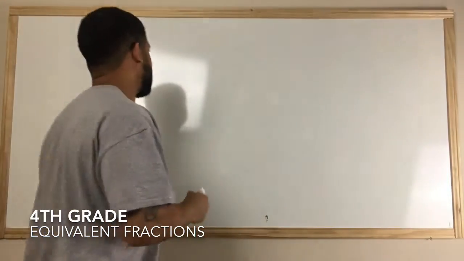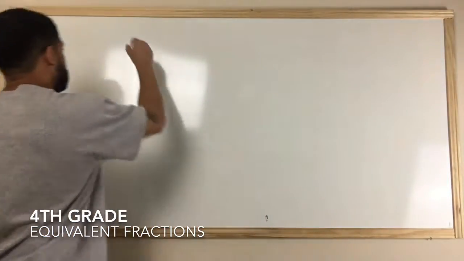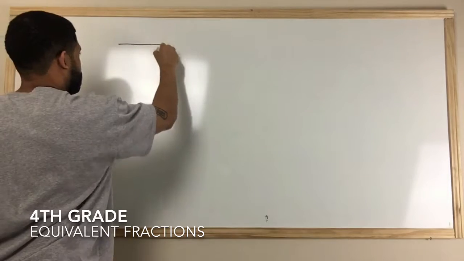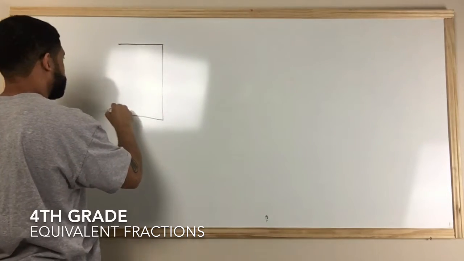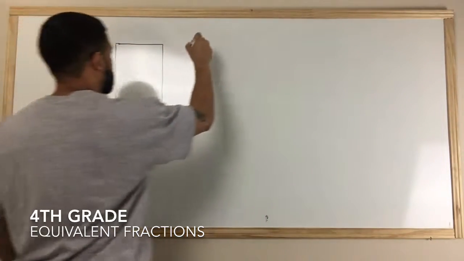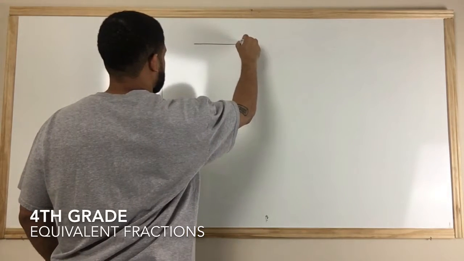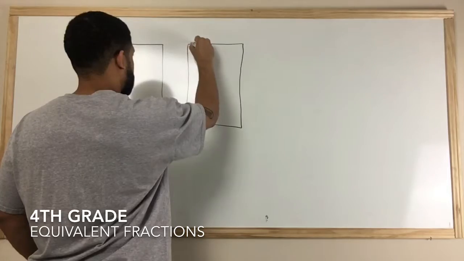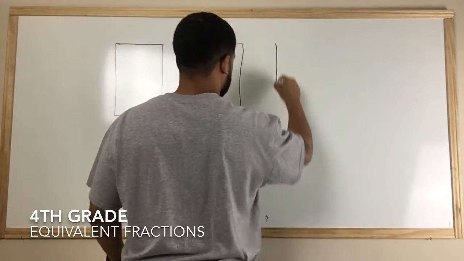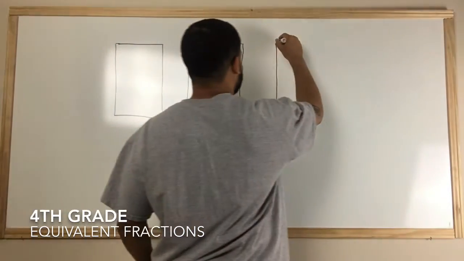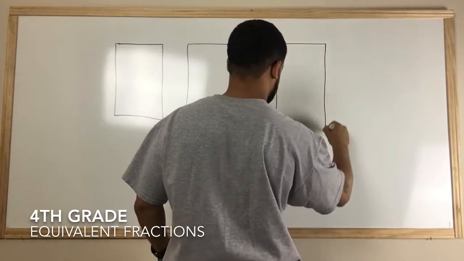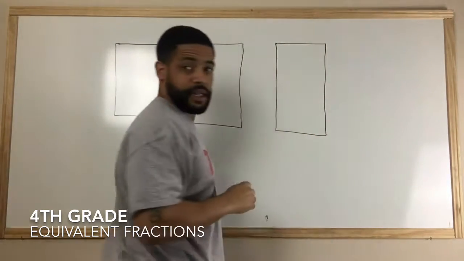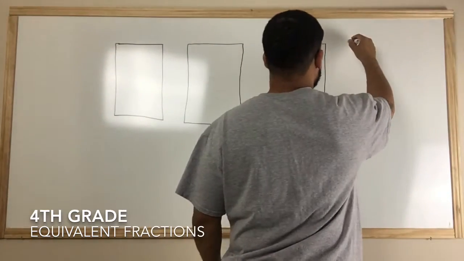So let's say I'm going to draw a couple diagrams. Let's say I have this right here. We're going to pretend all of these are the exact same size, although I know they're not necessarily. But work with me. And then I have room for one more.